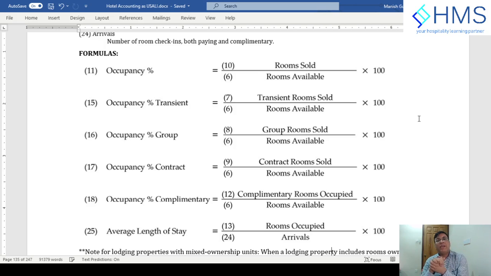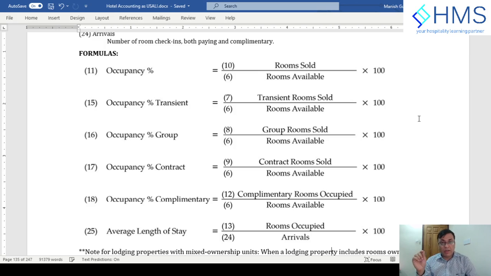Chinese are staying for how many days, Europeans are staying for how many days, Indians are staying for how many days. It will help the marketing strategists or the revenue managers to understand what kind of promotions they should be doing, and what kind of sales and marketing strategy they can implement to improve the occupancy or the business of the hotel.